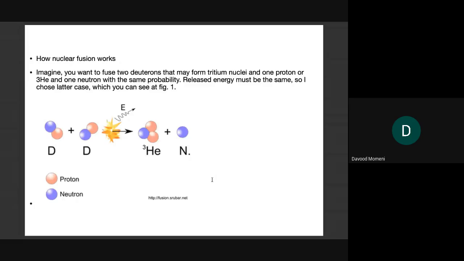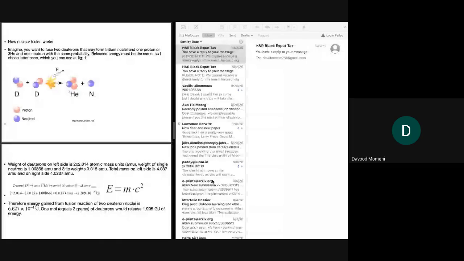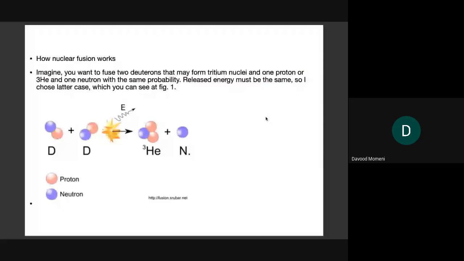So two deuterons can make a fusion reaction. They combine with each other, and then it gives you helium-3 and one neutron. The energy which we release during this process can be calculated, as I will show you later in the next slide.